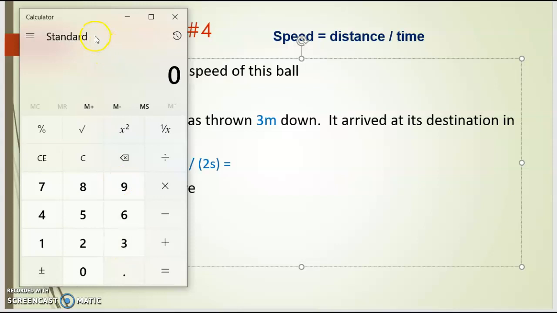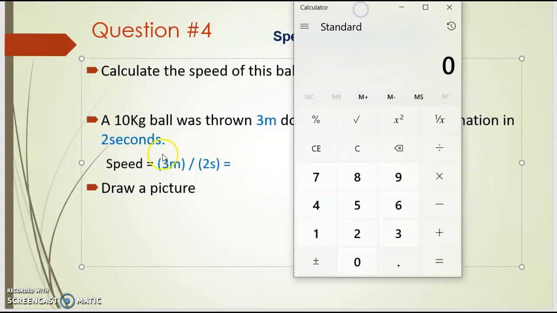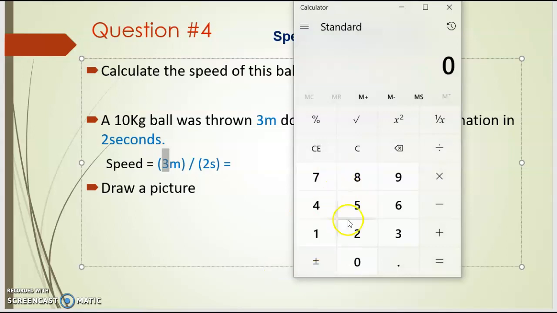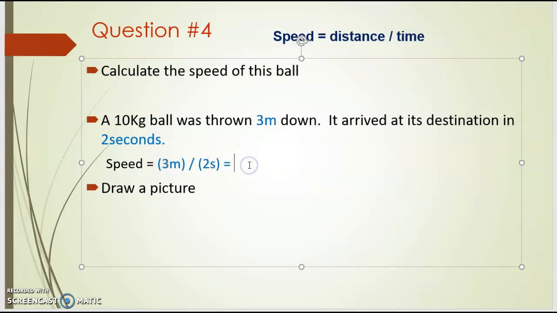We actually have to use the calculator. Notice the 3 is on top. It's at the beginning. It comes first. So you do 3 divided by 2. And the answer is 1.5. 1.5 what? 1.5 meters per second. That is the speed, right?